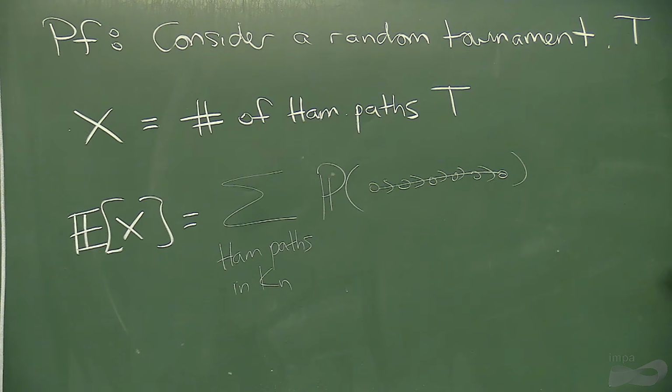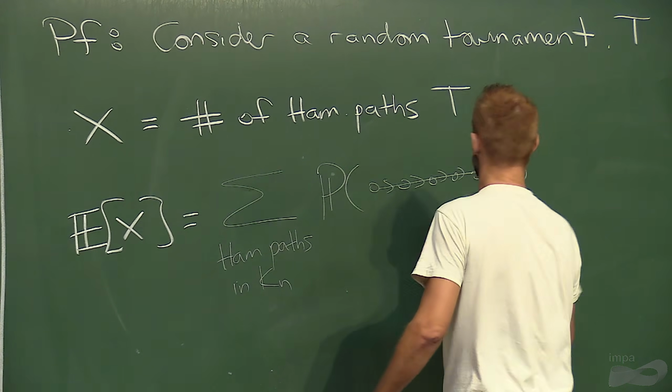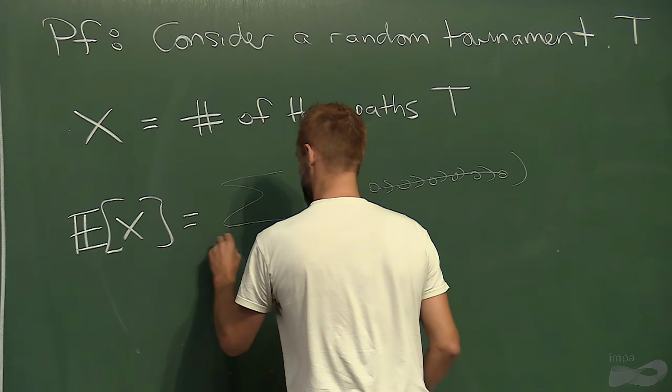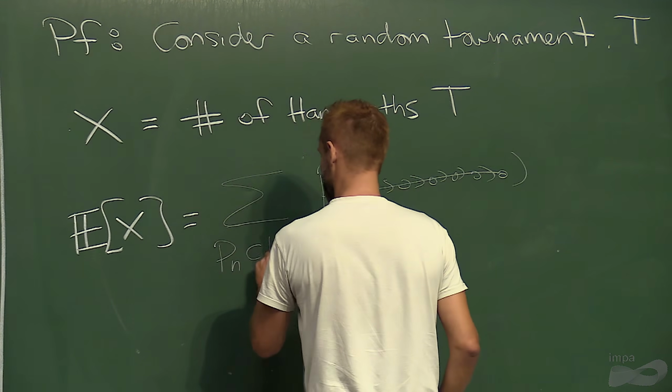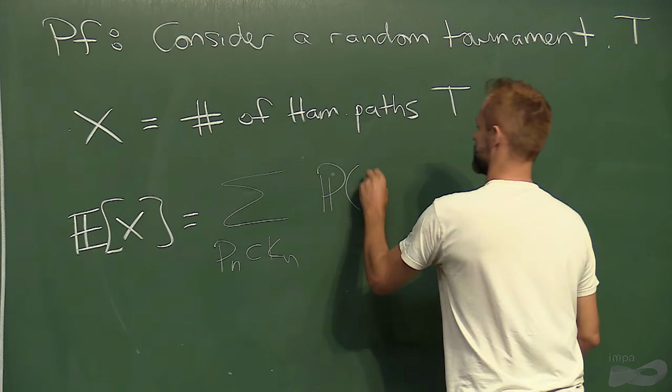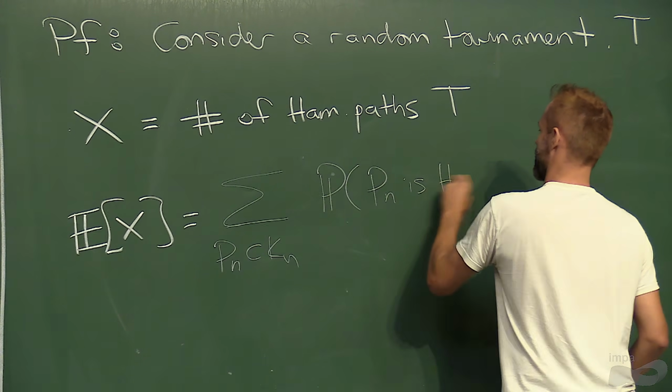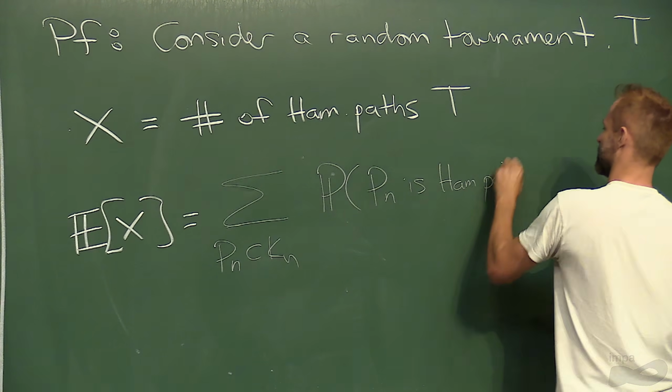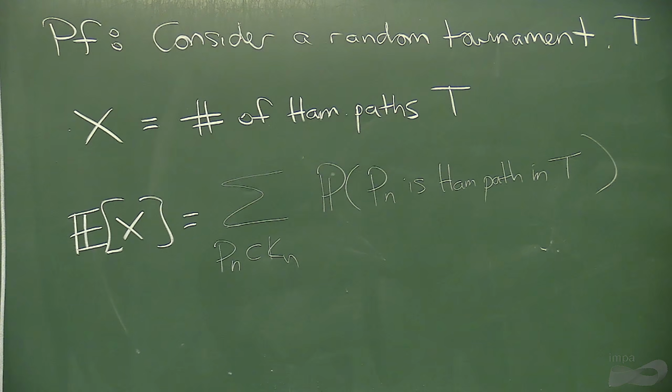Right, the probability that this really is a Hamilton path. Maybe I'll write it as the sum over paths Pn in Kn of the probability that Pn is a Hamilton path in T. That's a better way to write it. Okay, so given a path on n vertices in the complete graph, so an ordering of the vertices, what is the probability that it's a Hamilton path in T, that it's directed from left to right?